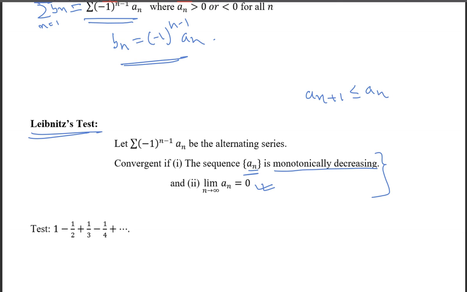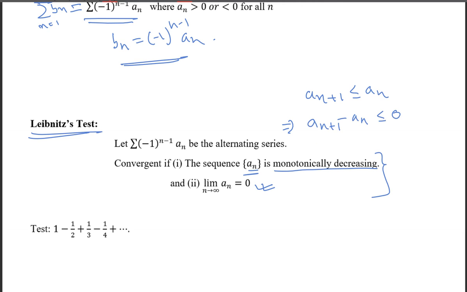Yes, sir. So if a(n plus 1) is less than or equal to an, then we say it is monotonically decreasing. For this, you calculate a(n plus 1) minus an and try to bring it to something which is less than or equal to 0.